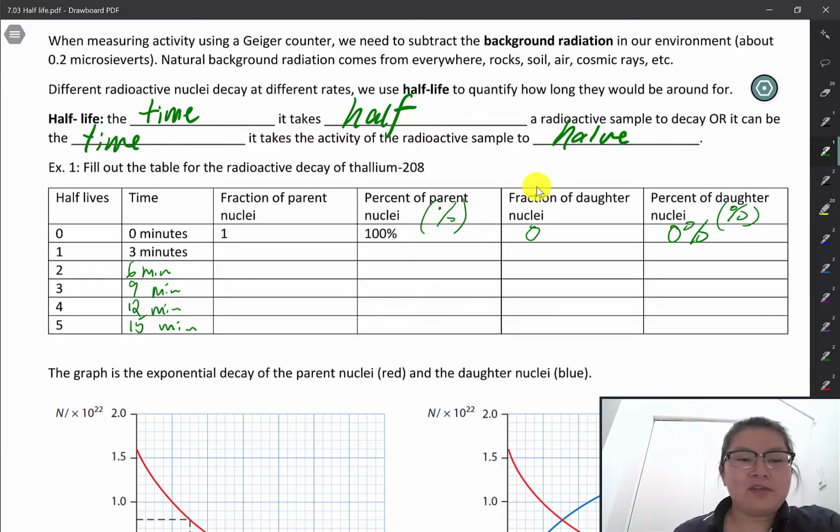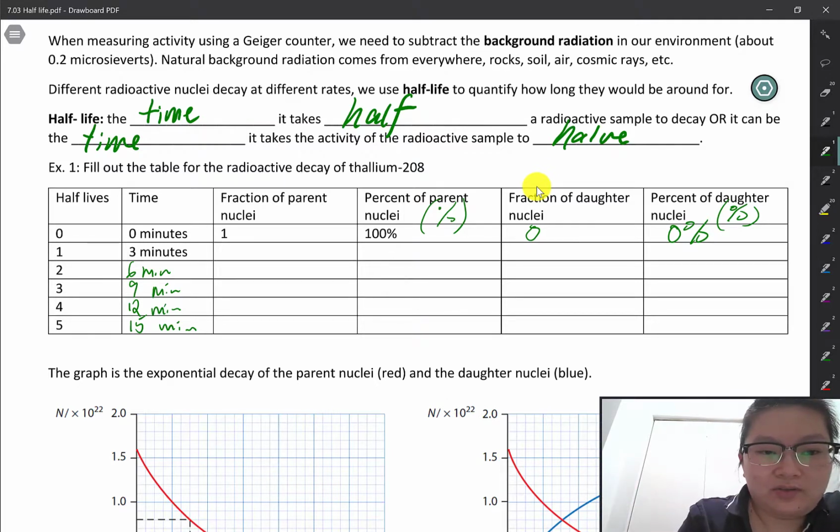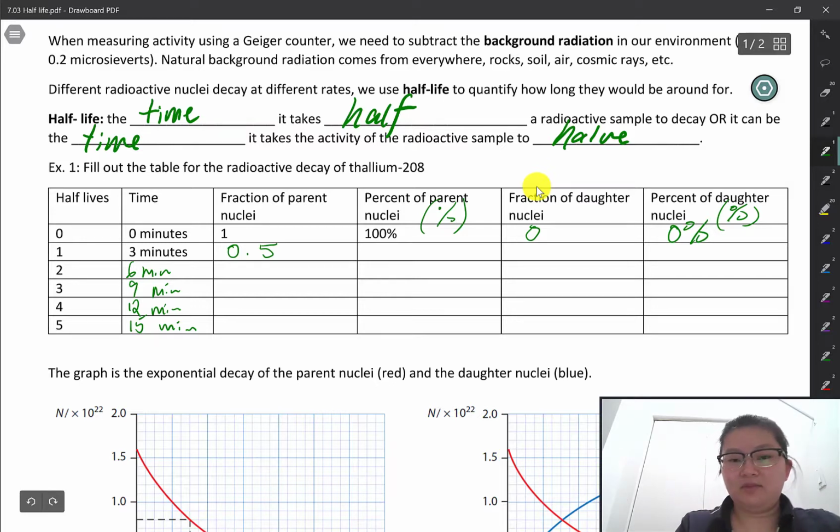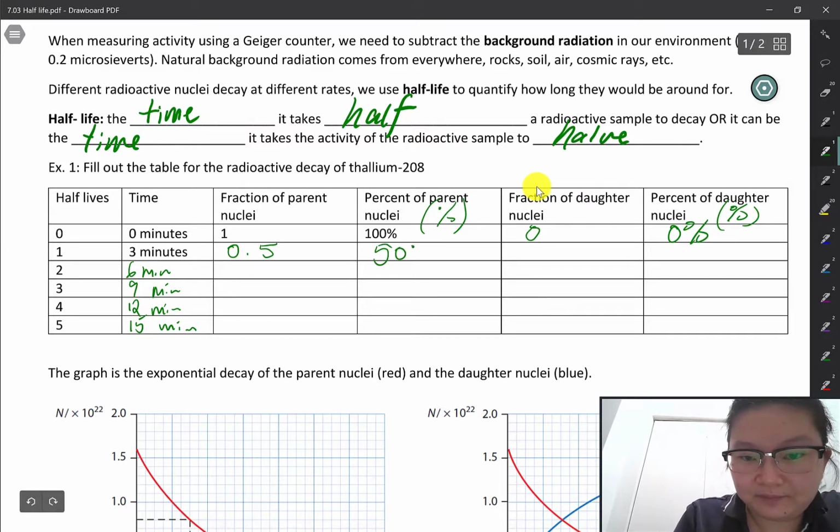After 3 minutes, half of the parent nuclei will have decayed into daughter. So the fraction of the parent remaining is 0.5, which is 50%.